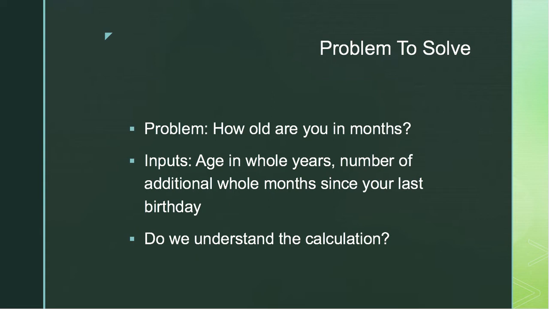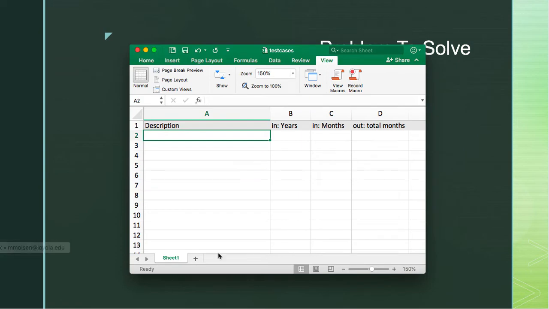So we want to create a set of test cases that tell us what these answers should be. The format that we are going to be doing test cases in this course is as you see here in an Excel document. So within Excel, we have one test case per row. A test case is a single run of our program where we put in all of the inputs that the program needs, and then we test to see that all the outputs are correct.